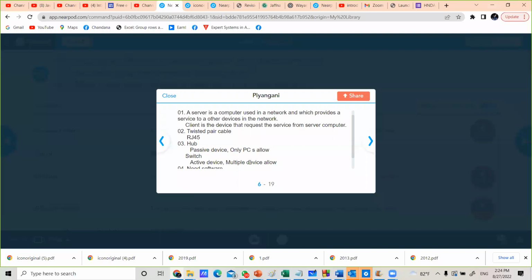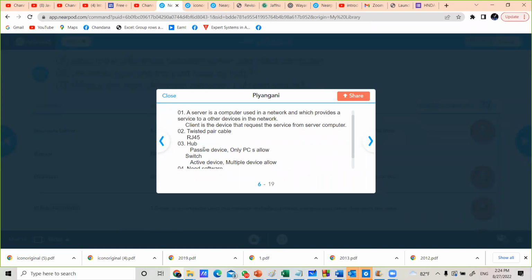When sending the data, the hub doesn't know the exact place where the data is intended to go, that means the destination place.